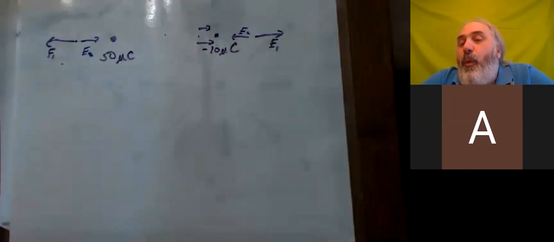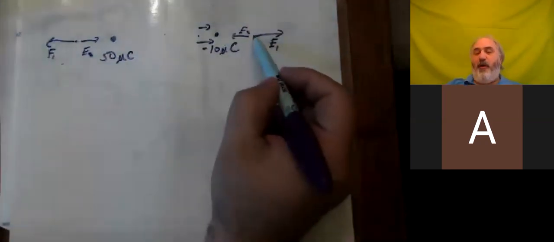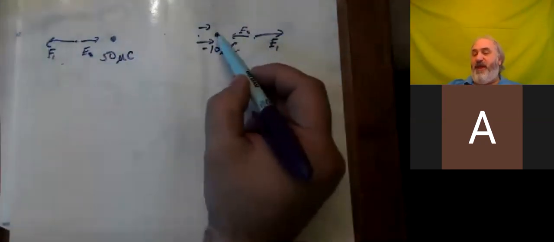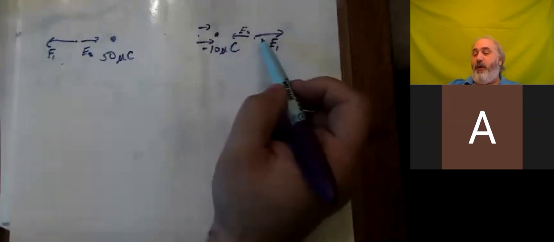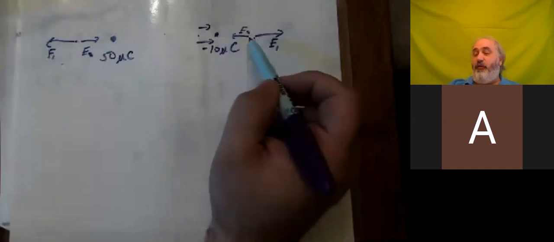Now, in practice, one of those will work and the other one will not. Any idea which one's going to definitely not work? So somewhere over here, if I go to the right of this negative charge, there's going to be a place where E1's one direction and E2 is the other direction.